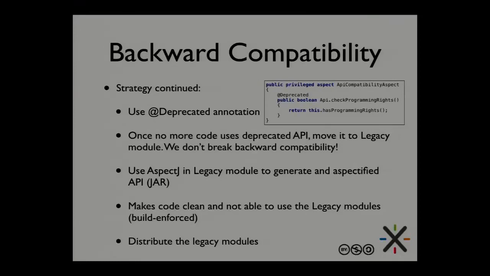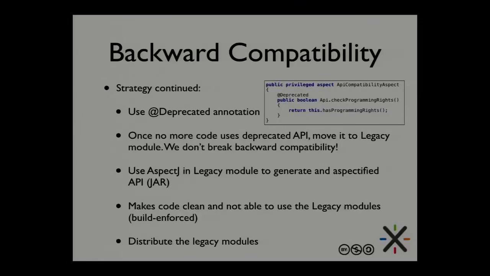I've put an example here on the right, if you can read. This is just adding one method called checkProgrammingWrite to a class called API, and it just augments this class with this deprecated API. So this has several advantages.